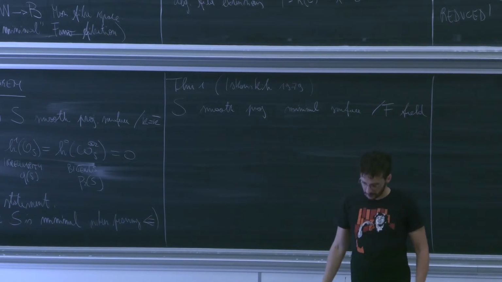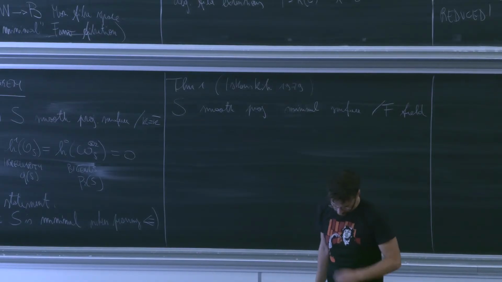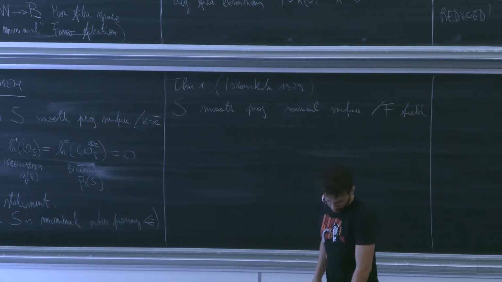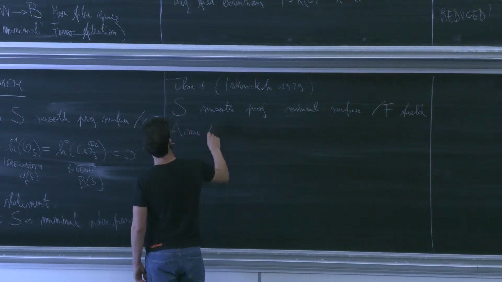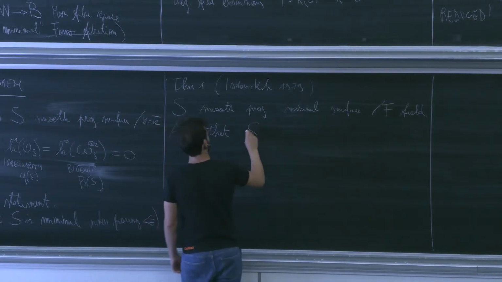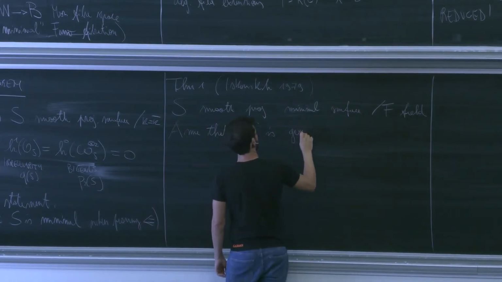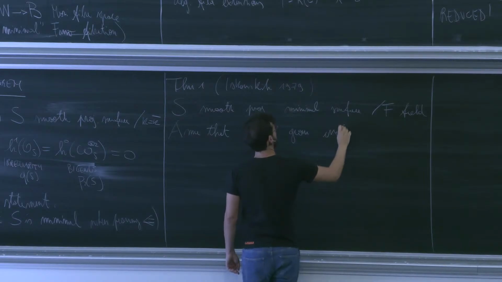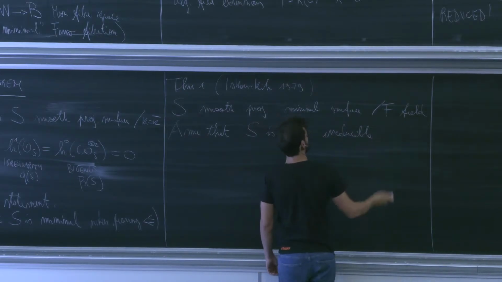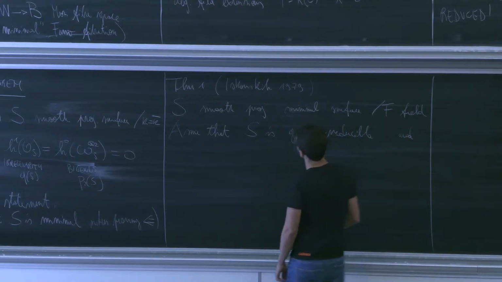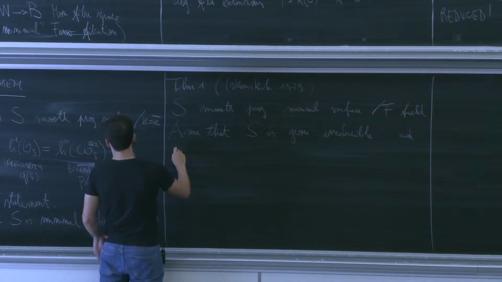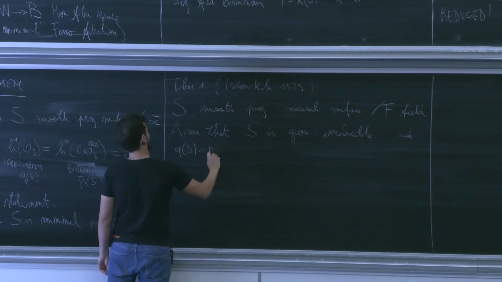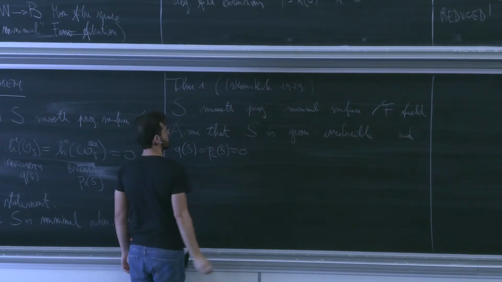A big F for me is an arbitrary field. Little k is an algebraically closed one. Okay, so assume that S is geometrically irreducible. And this is a reasonable assumption when you work over a non-closed field. And assume the vanishing: P1 of S, P2 of S equal to 0.